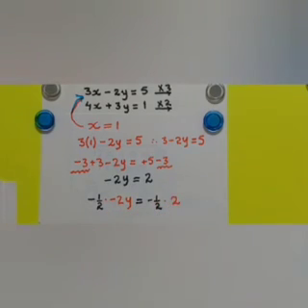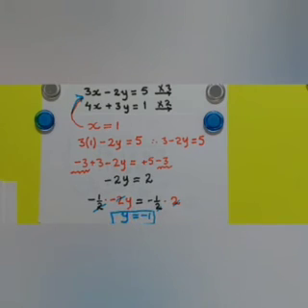And we make a cancellation. You just cancel 2 with 2. Negative 1 times negative y, that means y, is equal to, and here also cancel 2 with 2, you get negative 1. So this is the value of y.